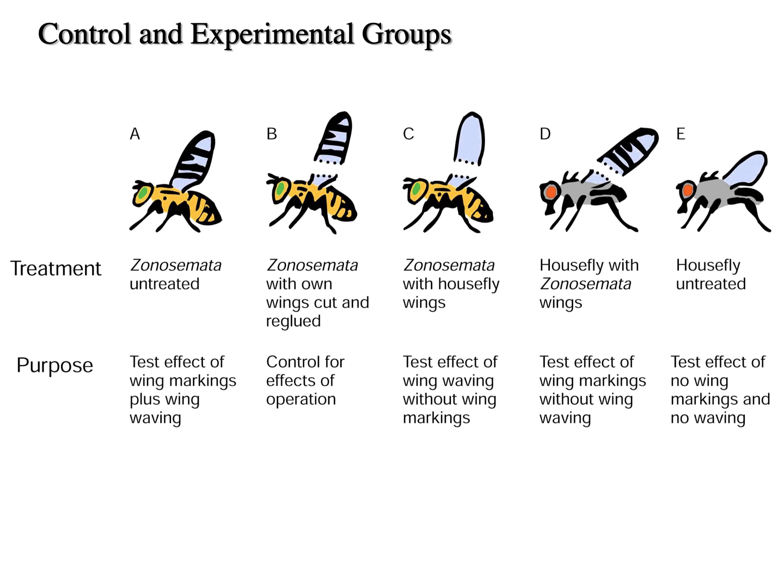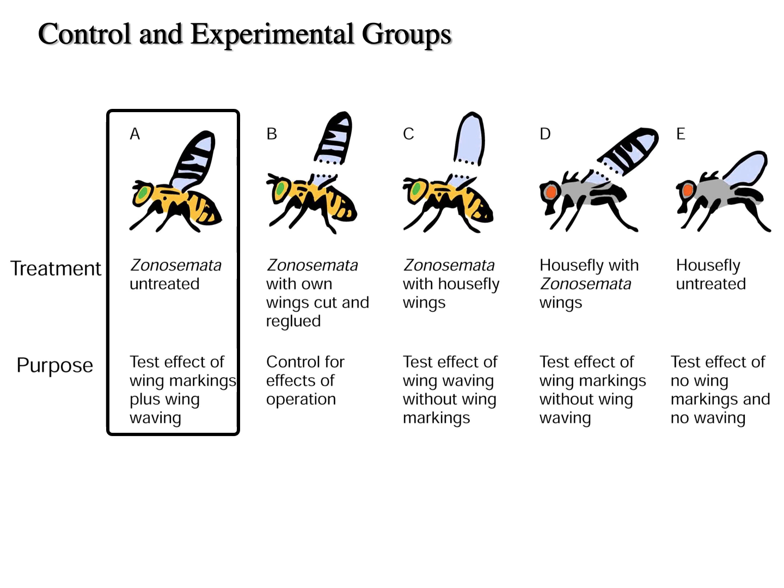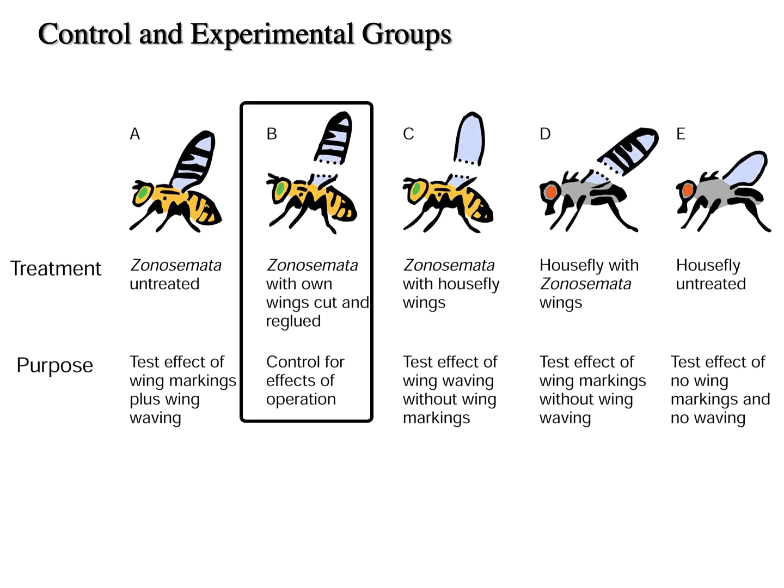So here's the experiment where in A, they have an untreated fly, that is a normal fly with normal wings. The second one was where they have the wings cut off and reattached, just to see if the process of breaking the wings off had any effect.